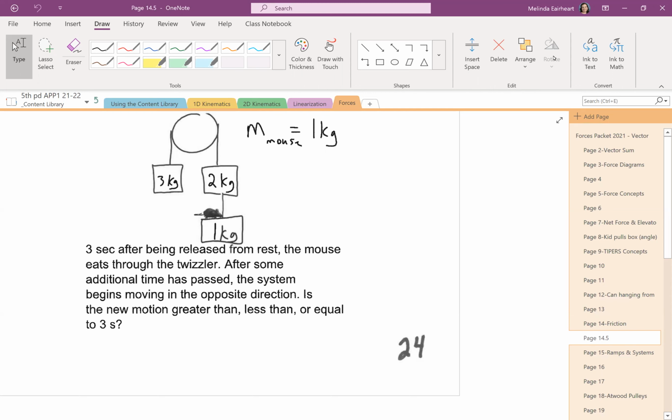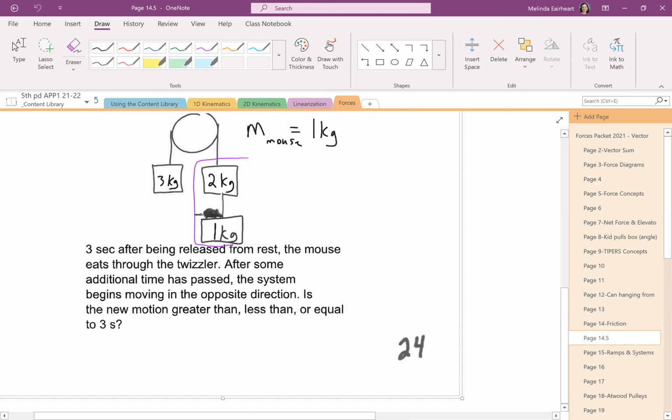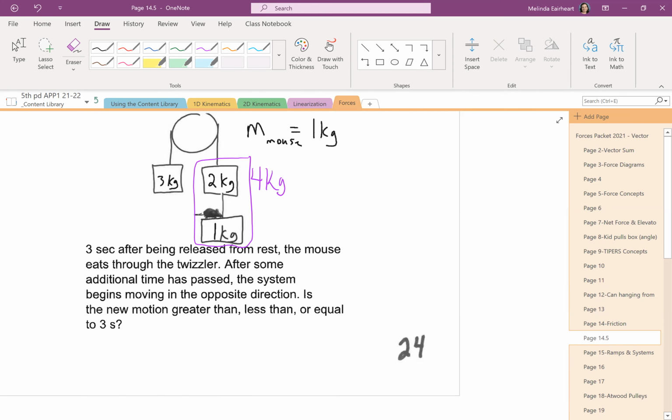Not in free fall. We haven't eaten through yet. We're just released from rest, right? So if you have 4 kilograms here on the right, 4 is greater than 3. And so 4 is going to determine the direction of our motion. And so down on the right is going to be positive.